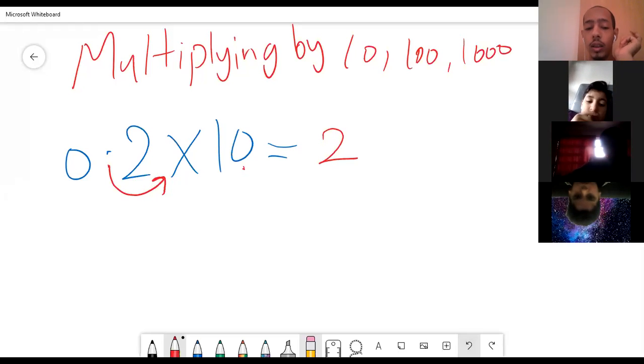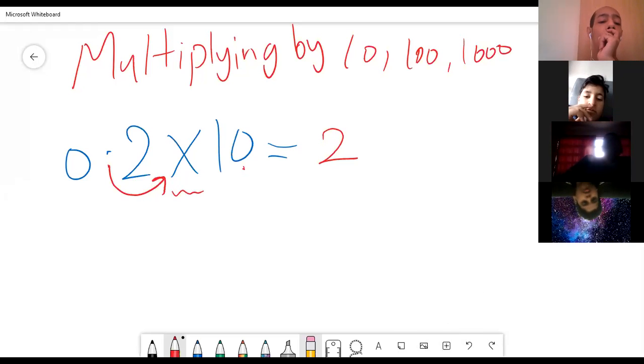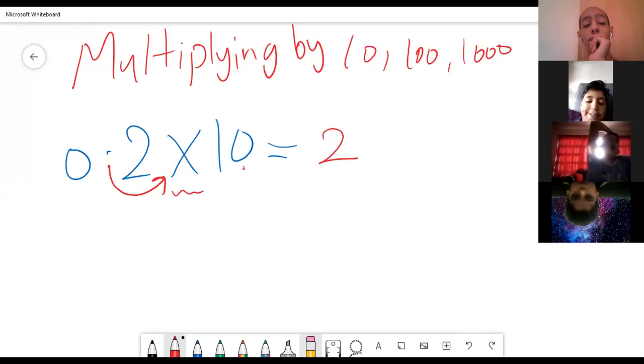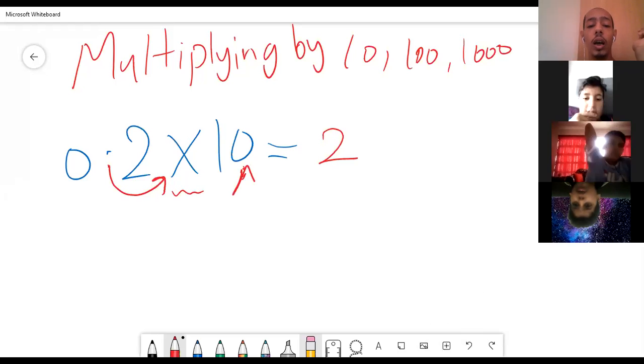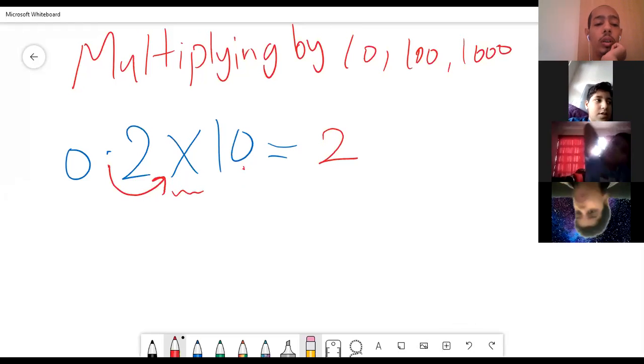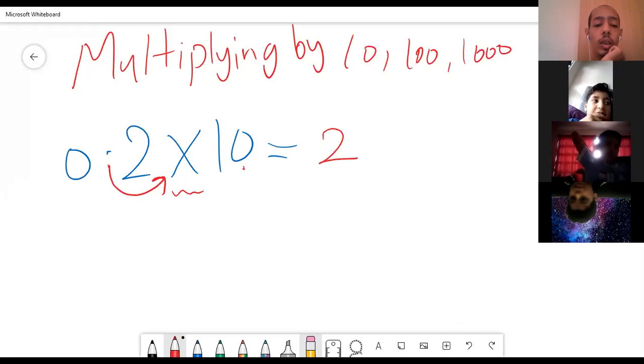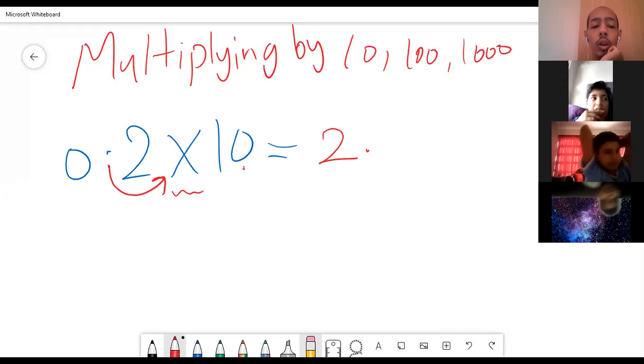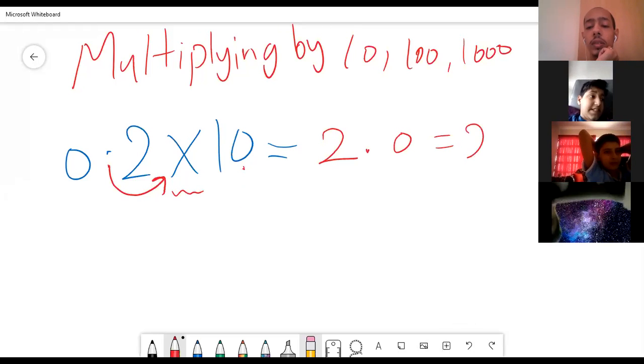So the opposite here with multiplication: you will move the decimal point to the right. But how many places? According to the zeros. How many zeros with 10? 1. So you will move the decimal point 1 place to the right. So it will be 2 point 0, 2.0 means 2.